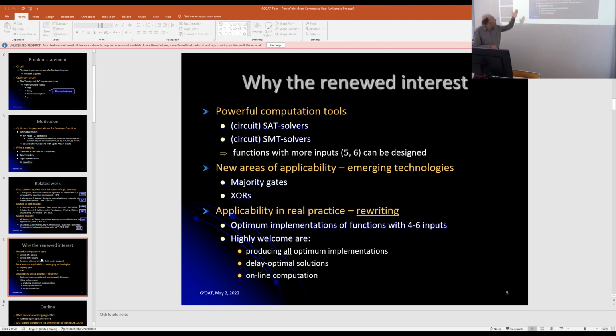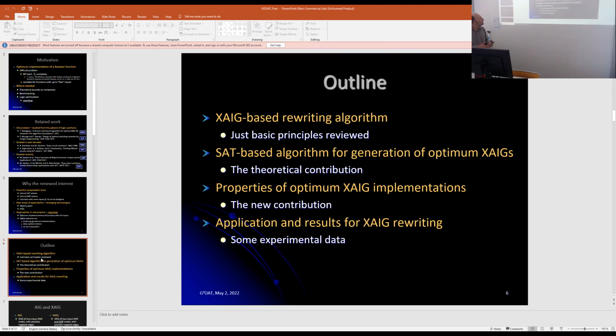And that's the applicability in real practice. Most people who are trying to use those emerging technologies are starting with rewriting, because that's the simplest and most efficient process in logic synthesis. So okay, I'll skip this outline.